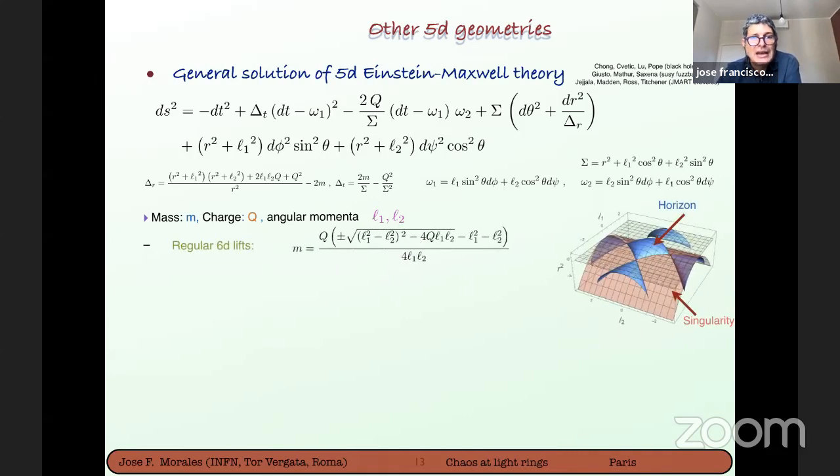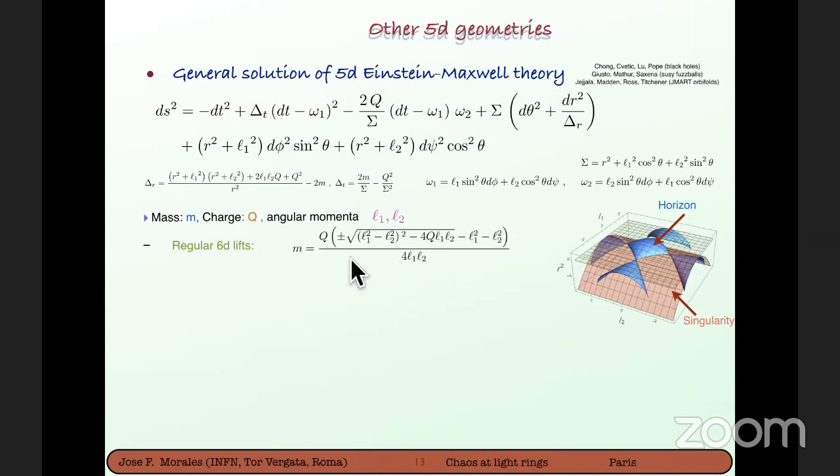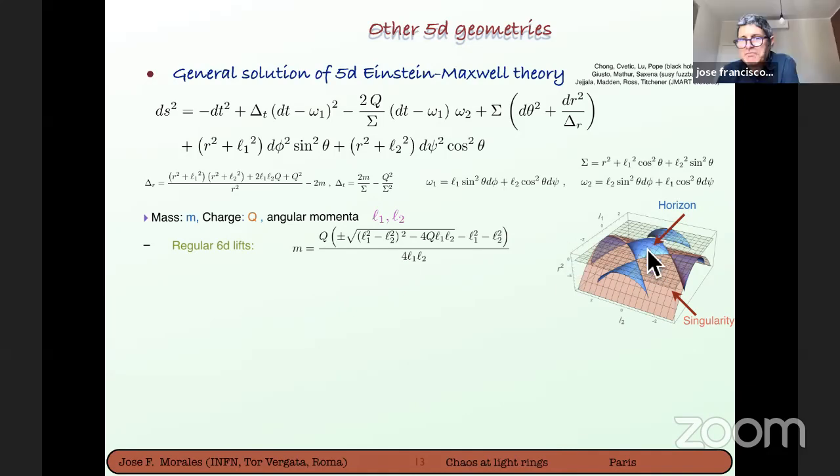Okay? Now, for some particular choice of the mass, this solution leads to regular geometries in 6 dimensions, and this was the work by this gentleman here. And here we are using a different notation, but the content is the same. Here I draw, for example, in the space of the angular momenta, the horizons and the singularity. I just want to draw your attention to this square. This square here is the black hole.